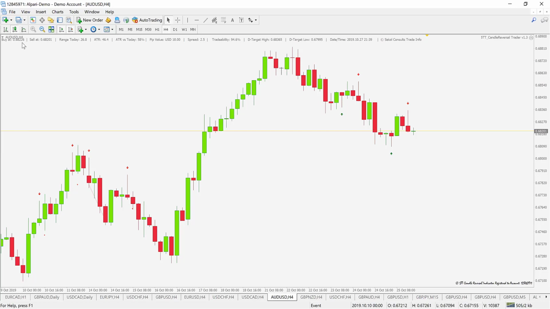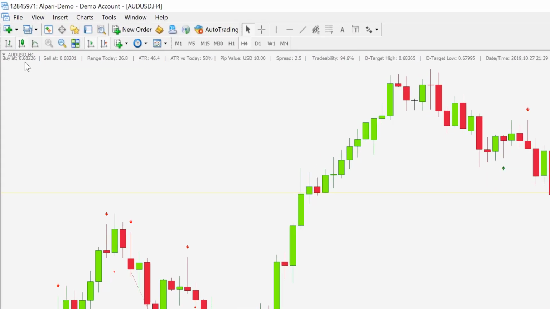Up here, you will notice on this indicator that it says buy at, sell at. The buy at is going to be the ask price, and the sell at is the bid price.